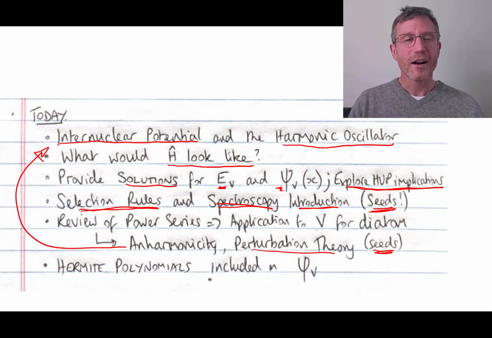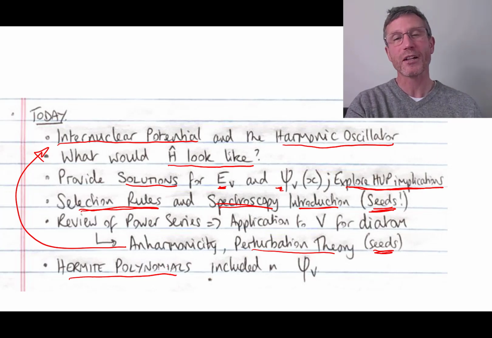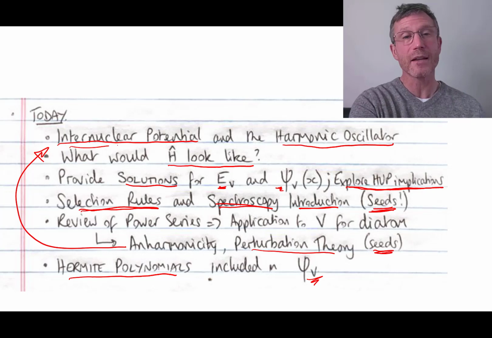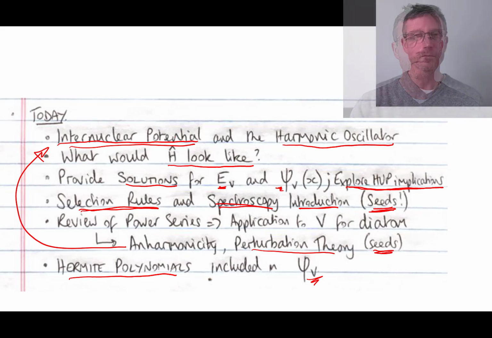And then lastly, we'll talk about Hermite polynomials. So these are included in the solution for the wave function, and we'll look at that much later in the lecture. So thanks for joining me today, and let's kick on and take a look, therefore, at the internuclear potential for this diatomic system.